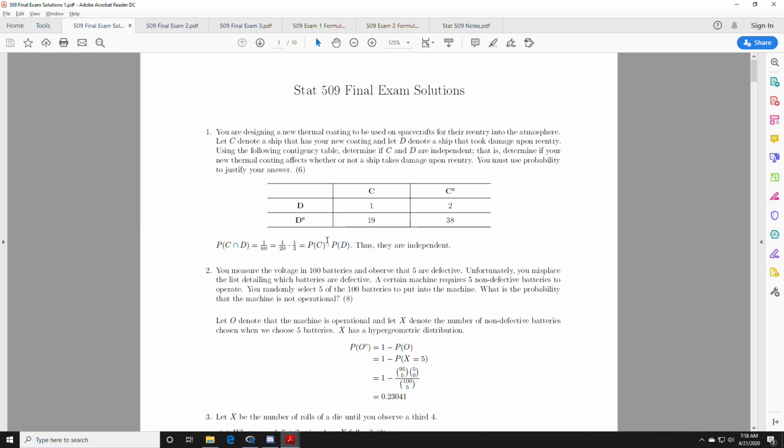So the intersection is equal to the product of the two individual probabilities, thus they are independent. What that means in this case is that the thermal coating does not affect whether the ship takes damage upon reentry, because the two variables are independent. That's putting independence in context of what it actually means in this problem.